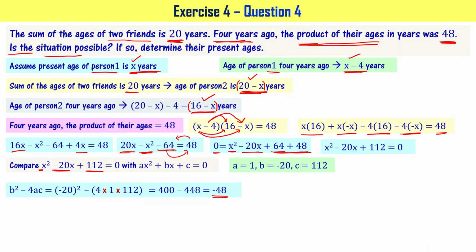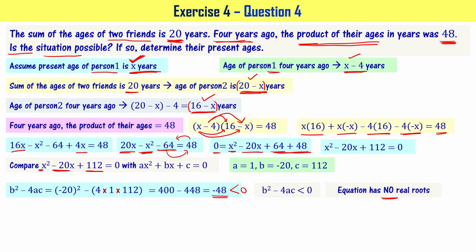This is less than 0, right? We know that when b square minus 4ac is less than 0, you will have no real roots for the given equation, right? If the real roots are not there, the roots of this particular equation are going to be the values of x, right?